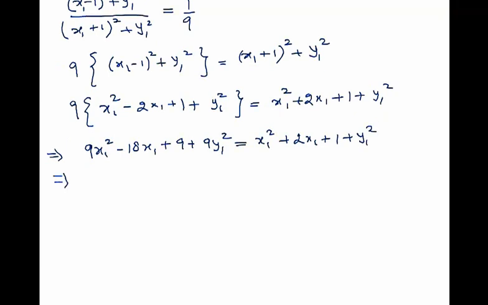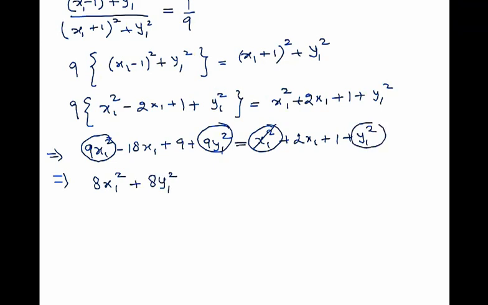This x1 square, when it comes over to the left hand side, will become negative. So these two quantities turn out to be 8x1 square. Similarly, this 9y1 square and this y1 square turn out to be 8y1 square.